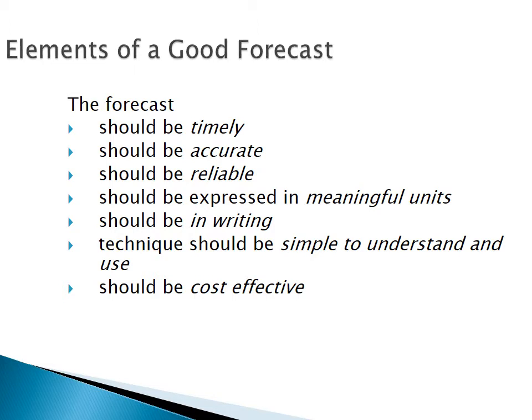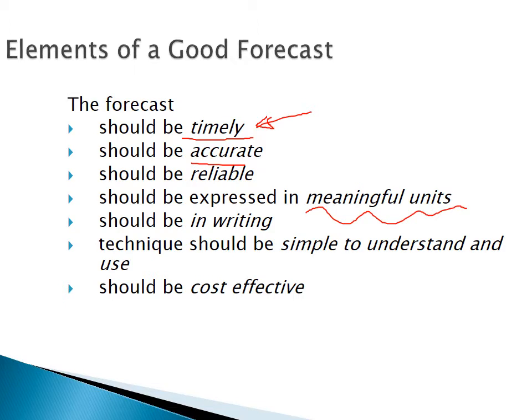Some of the elements of a good forecast: the forecast should be timely, it should be accurate. Now, timely means if we take a long time to make our forecast, it doesn't make sense because it will not give us enough time to prepare ourselves. So it should be as timely as possible. It should be accurate, it should be reliable, and it should be in a meaningful unit like pounds or maybe numbers.